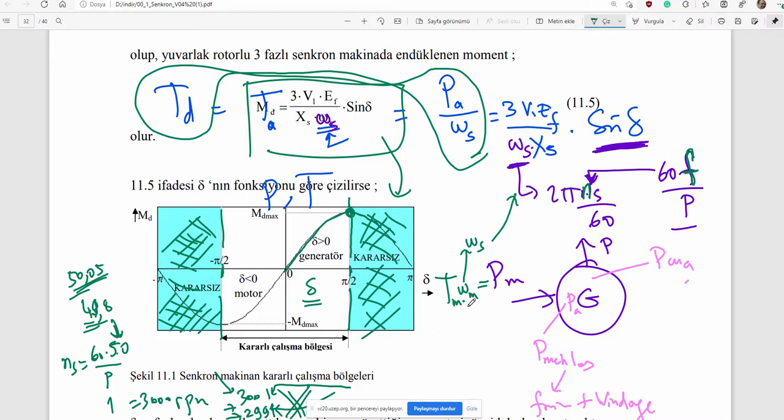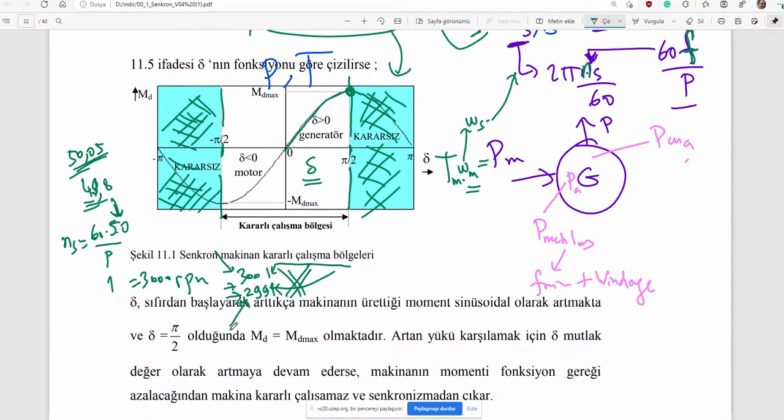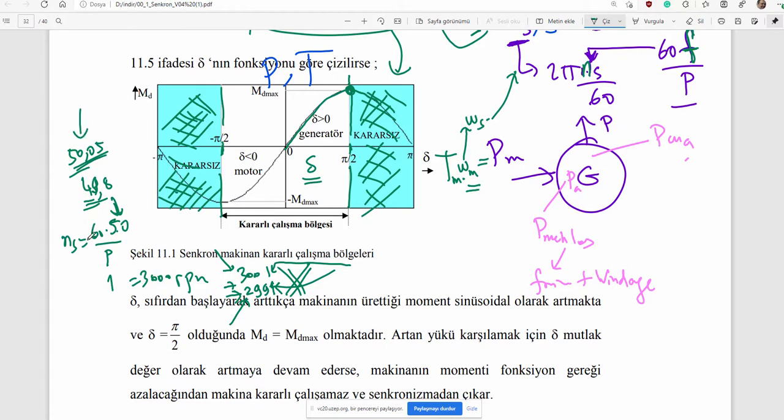For generator operation, I said mechanical speed is constant due to constant network frequency, and a machine under constant frequency cannot be operated at a different speed. It is impossible to operate the machine in a stable region. If the speed is different than synchronous speed, you should know that the machine is out of stability.